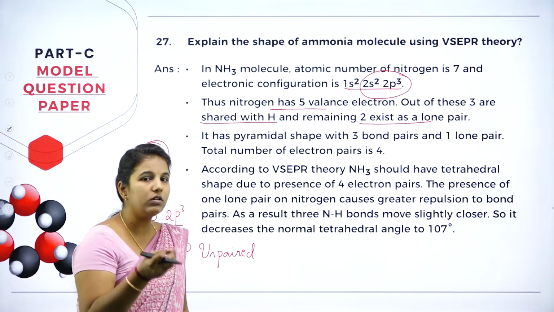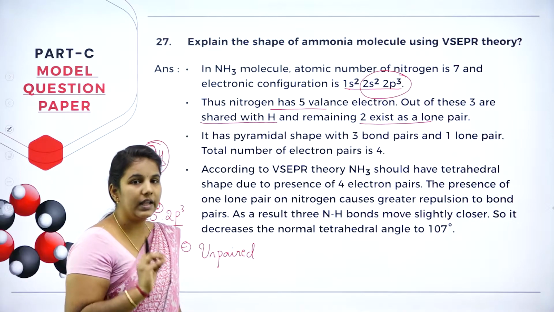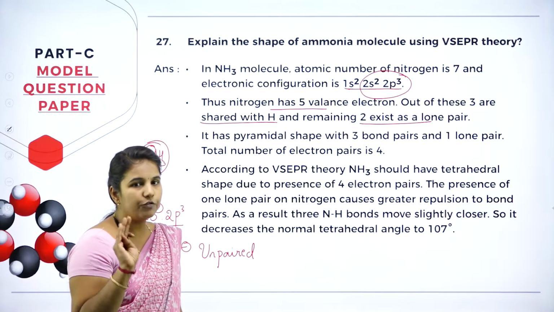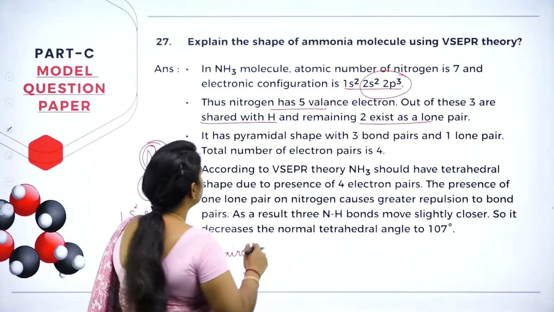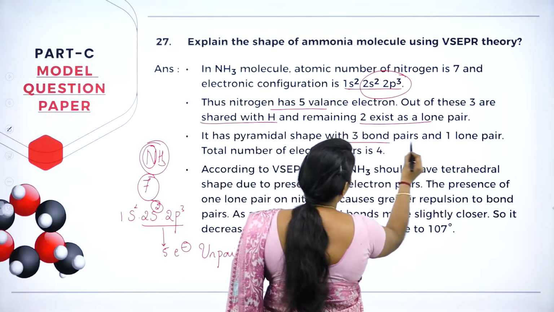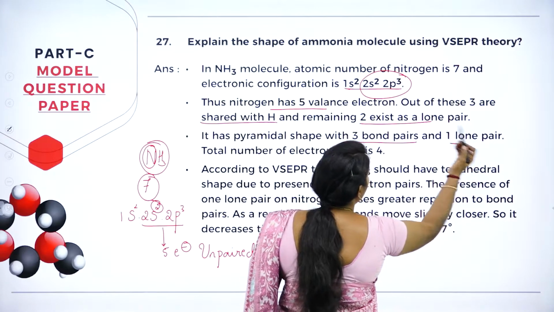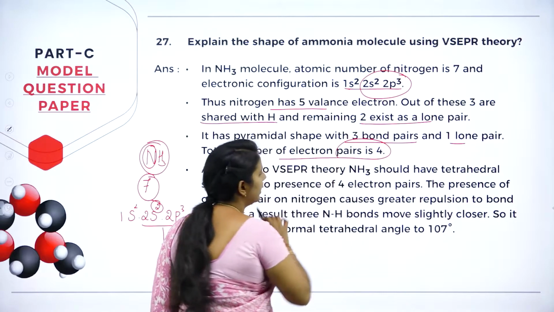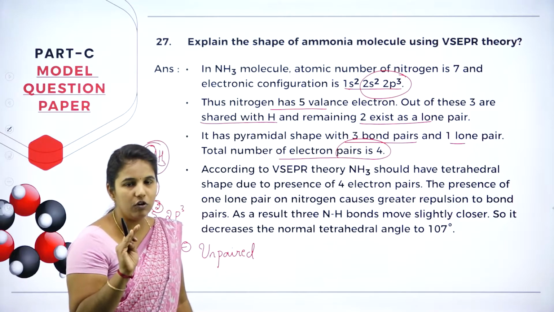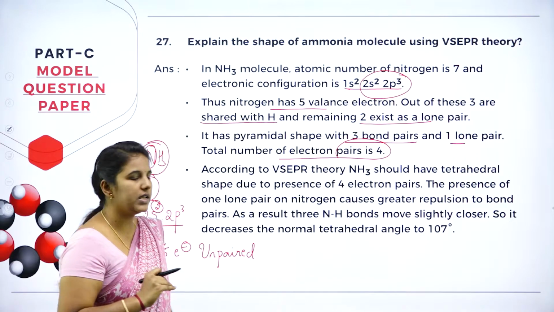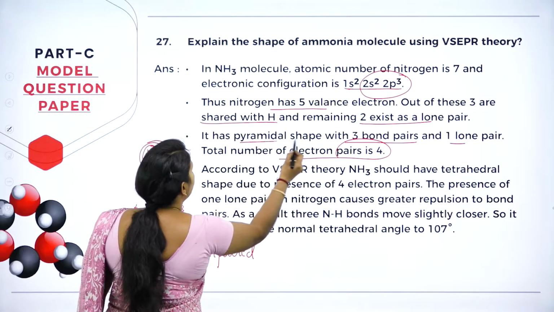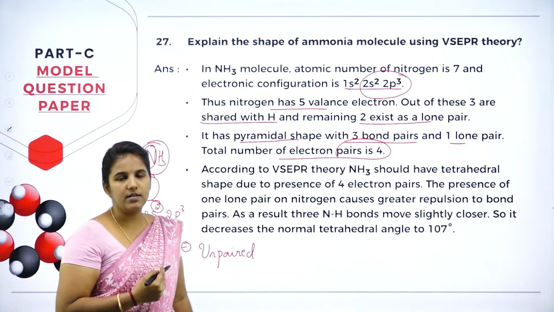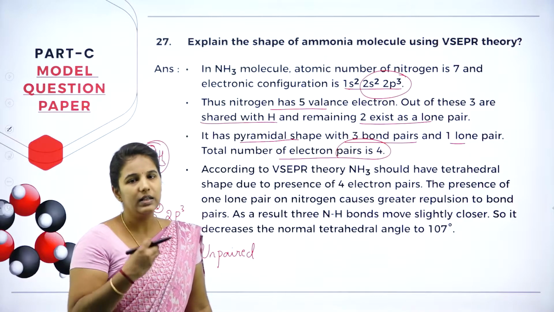Now if you count the number of electron pairs in the nitrogen atom, there are 4. How come? You can see that there are 3 bond pairs and 1 lone pair. Hence, the number of electron pairs in ammonia is 4. By this, we can say that it is pyramidal in shape.